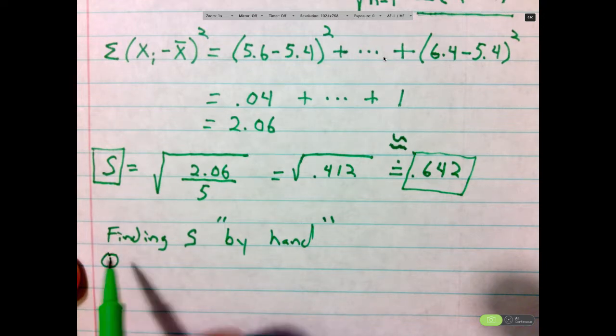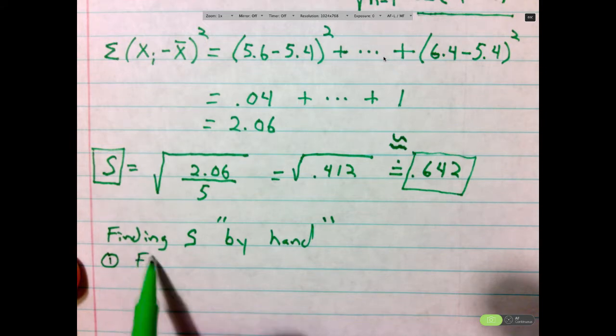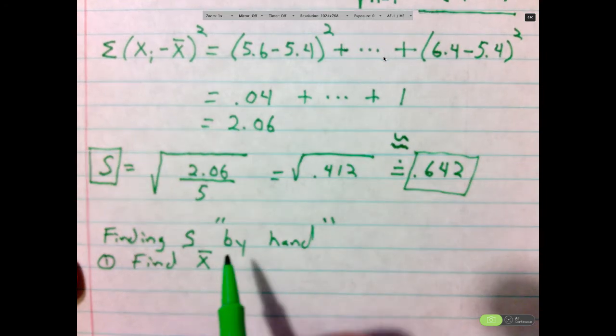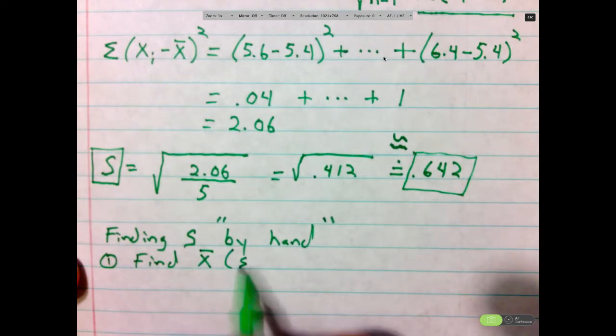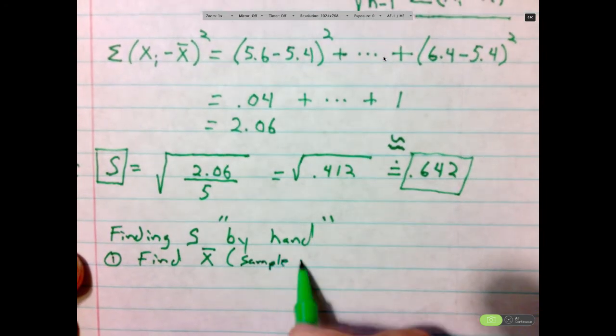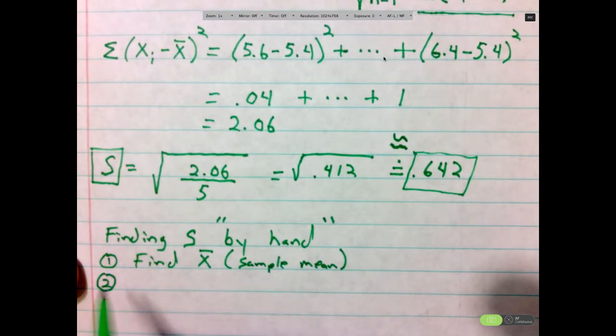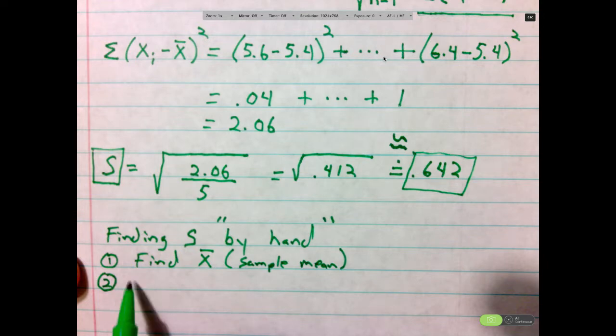First, find x bar. That's our sample mean. Next, subtract x bar from each observation.